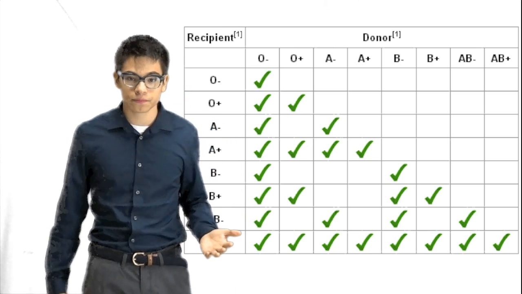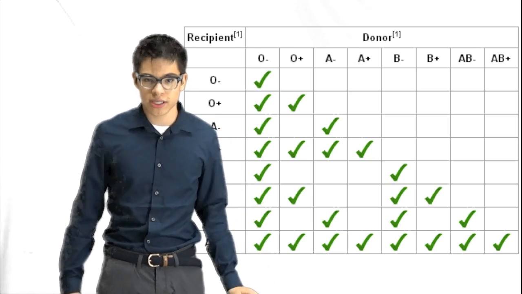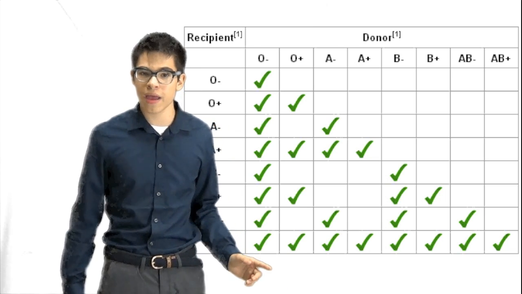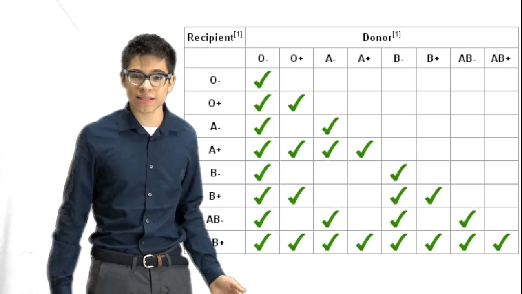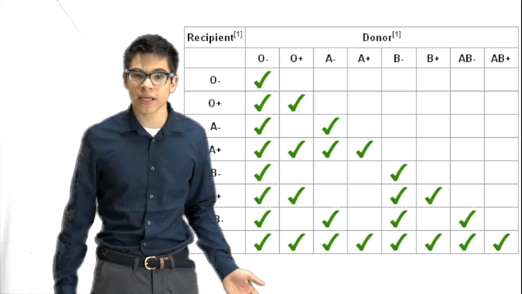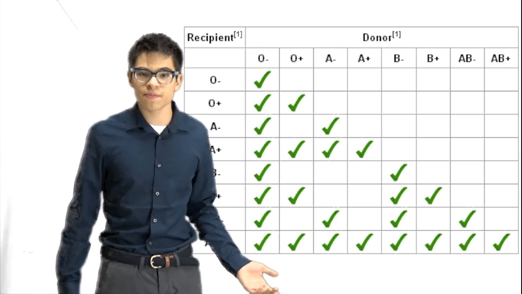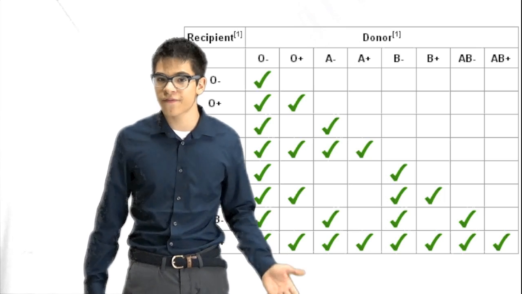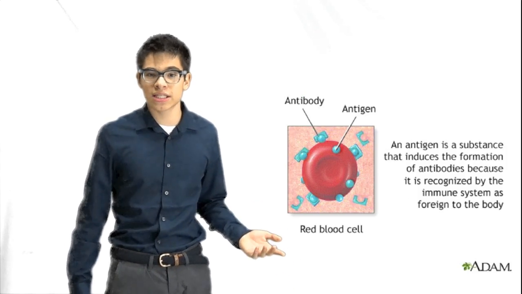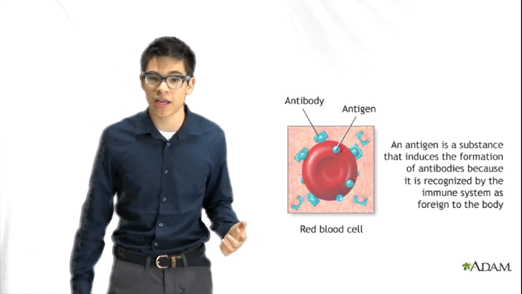But why is that? Let's forget about the rhesus factor for a second and just understand that a person with type A blood produces antibodies against type B blood and subsequently type AB blood. This is because the B antigen is foreign to your body and your immune system. Your immune system considers it a threat and tags it with antibodies.